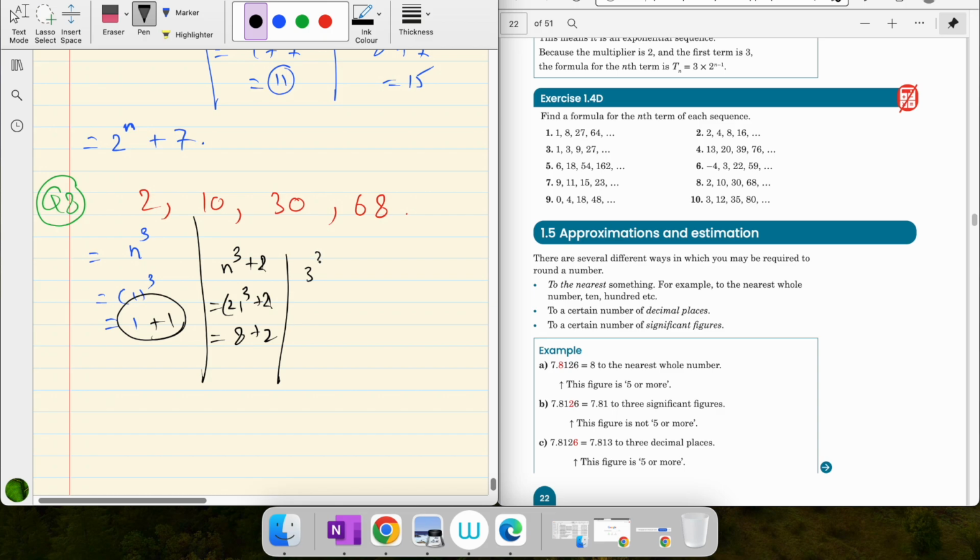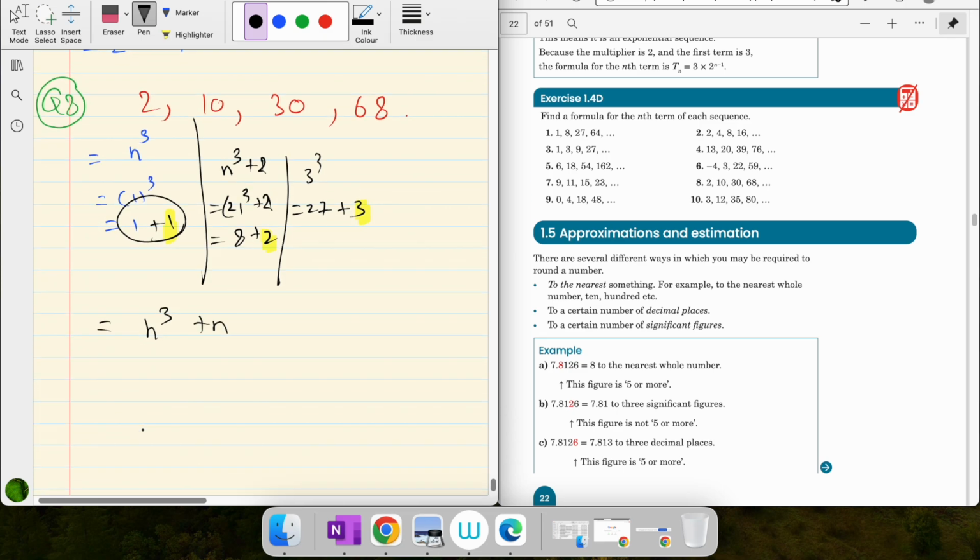Third one is 3 cube is 27, then I had to add 3. So this 1, then 2, then 3. So basically this is equal to the term number. So n cube plus n. Checking for the fourth number is 4 cube plus 4, 64 plus 4 is 68. So n cube plus n is the correct formula for the sequence.